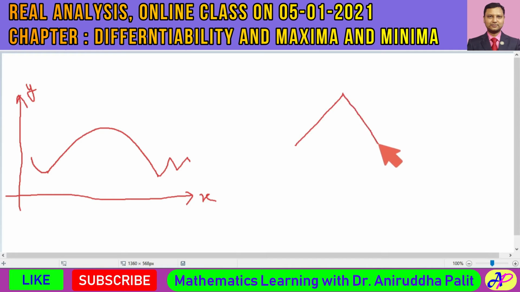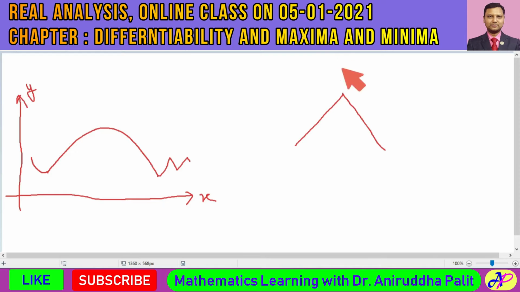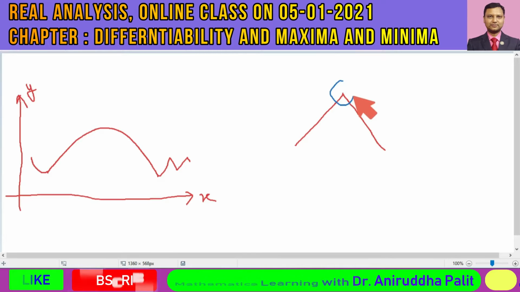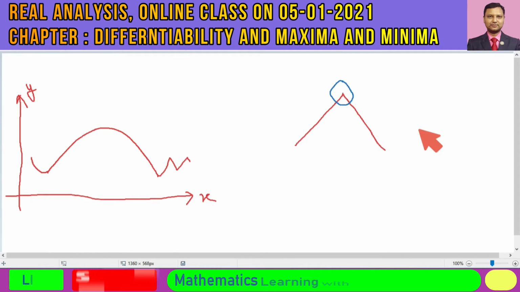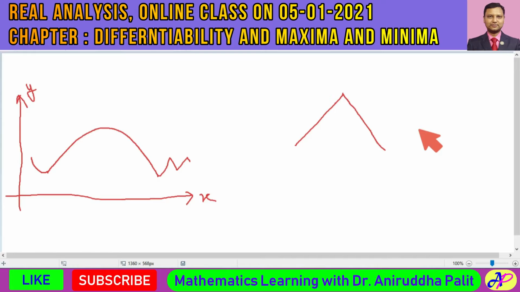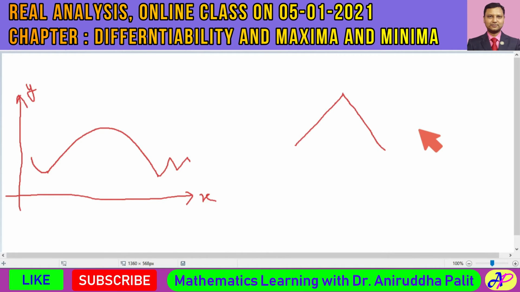At this kind of point, you can check that the function is not differentiable at all. This kind of point has a maximum value, but we need a proper definition of maximum.